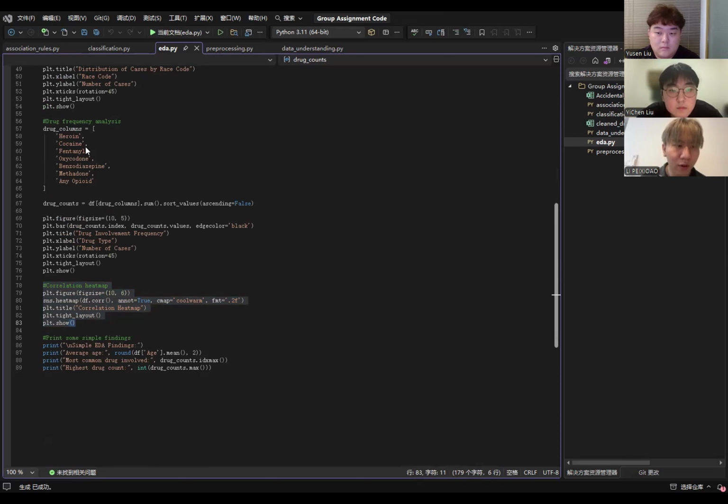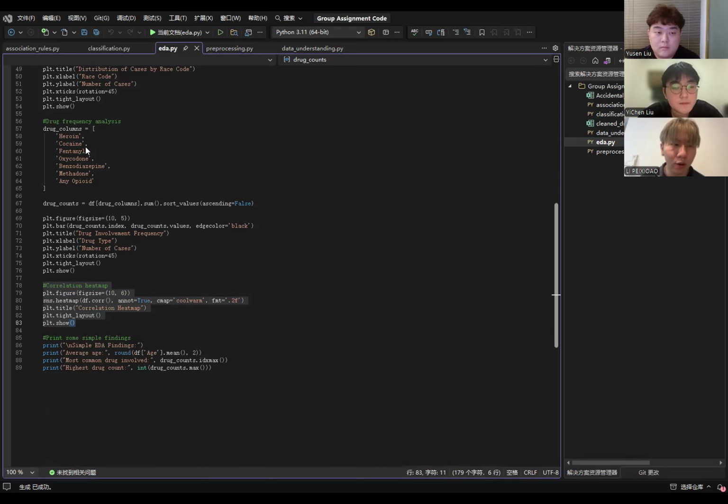From the age distribution, we can see that most cases are concentrated roughly between 13 and 16 years old. From the gender chart, males are more represented than females.